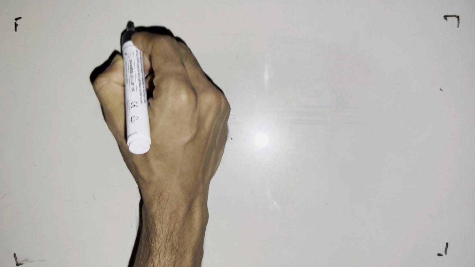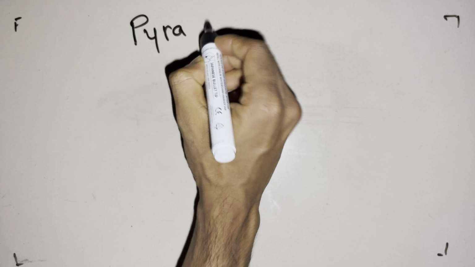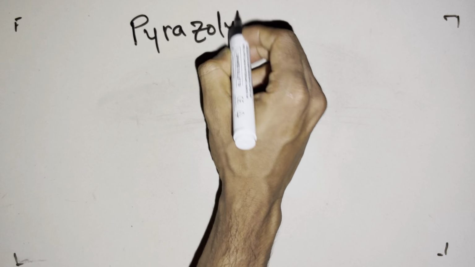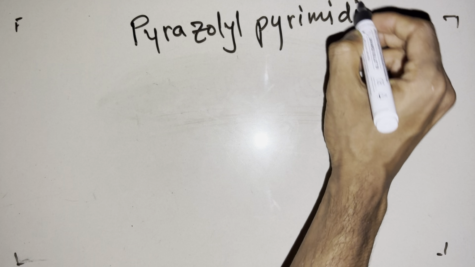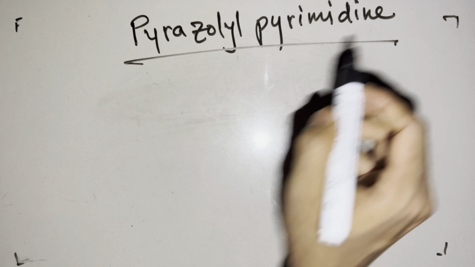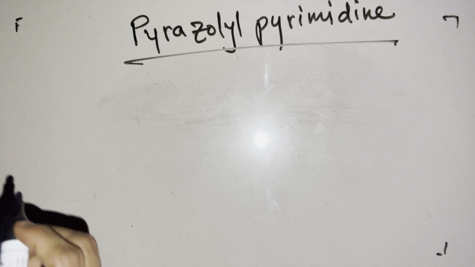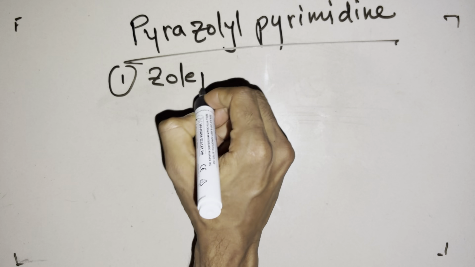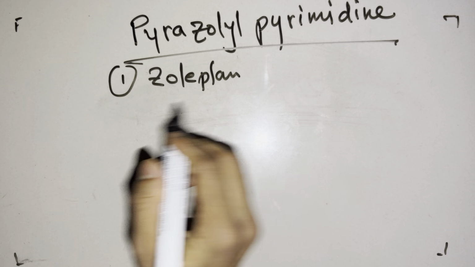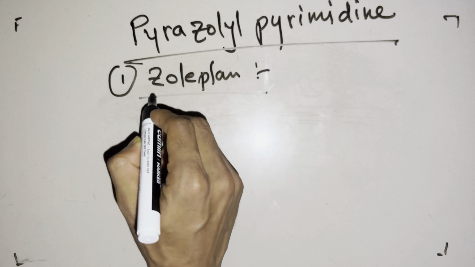So pyrazolile pyrimidine. In this pyrazolile pyrimidine, first of all, we will see zolpidem. So let's see the structure of zolpidem.